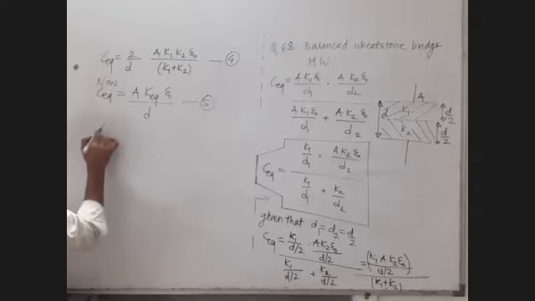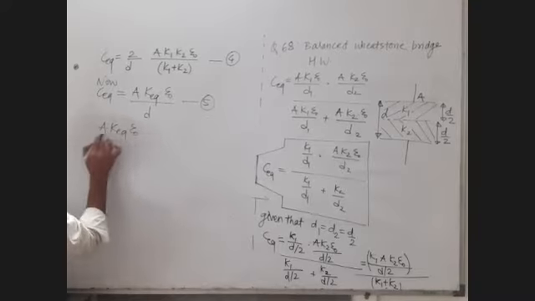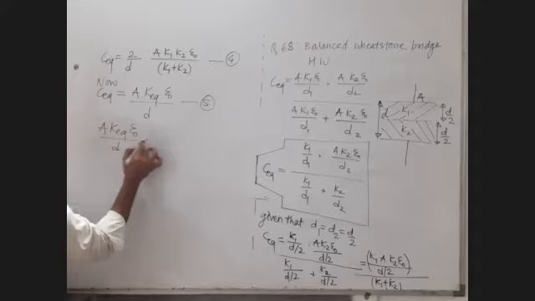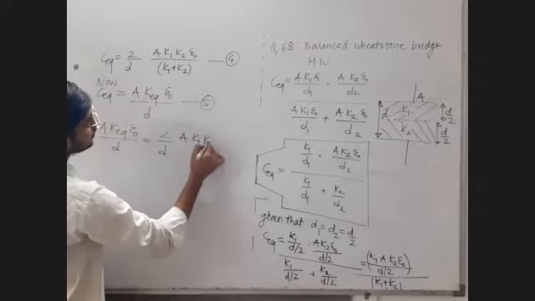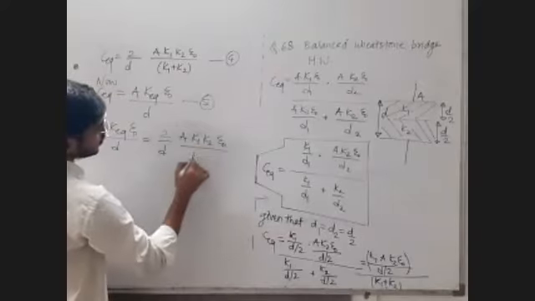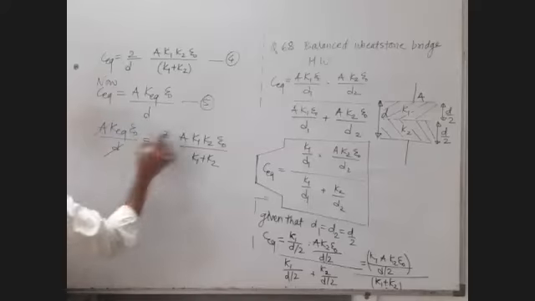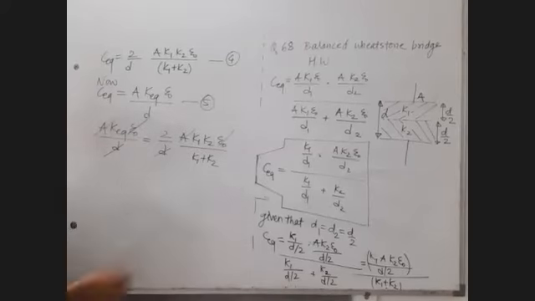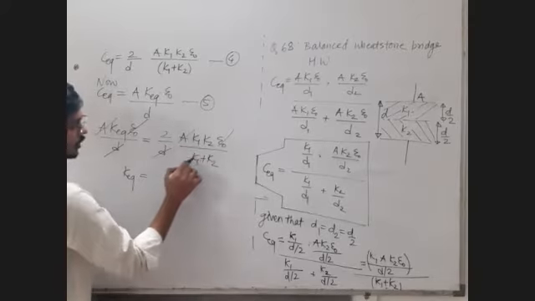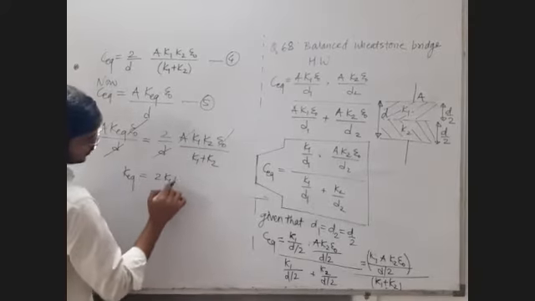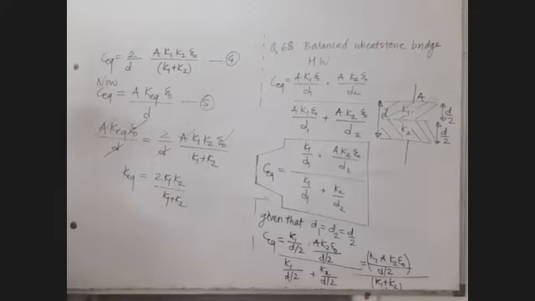Comparing, A K equivalent epsilon 0 upon D is equal to 2 A K1 K2 epsilon 0 upon K1 plus K2. D cancels, A cancels, epsilon 0 cancels. K equivalent for the given situation is 2 times K1 K2 upon K1 plus K2. That's my final answer.